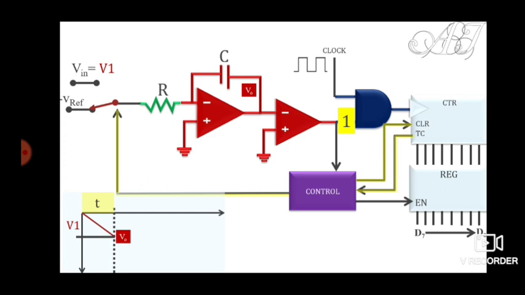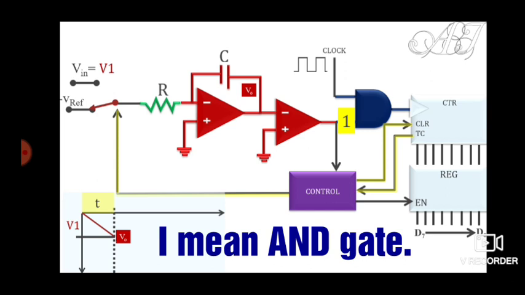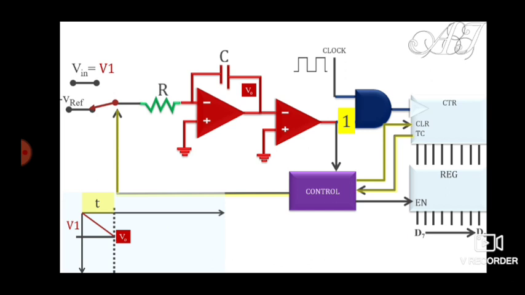Okay, so as of now, what we have seen is that with the help of the applied voltage, your integrator has generated a negative voltage, and according to that negative voltage, the output of the NAND gate has changed, and at the clock of this counter we have got a clock pulse, and that has resulted in counting.